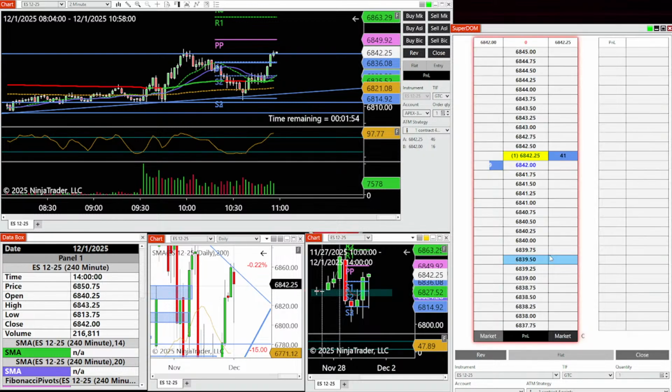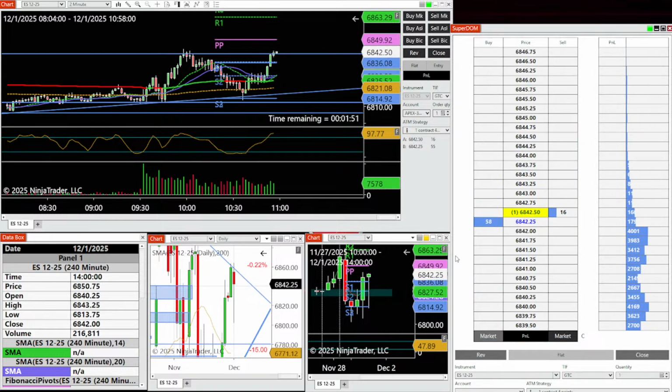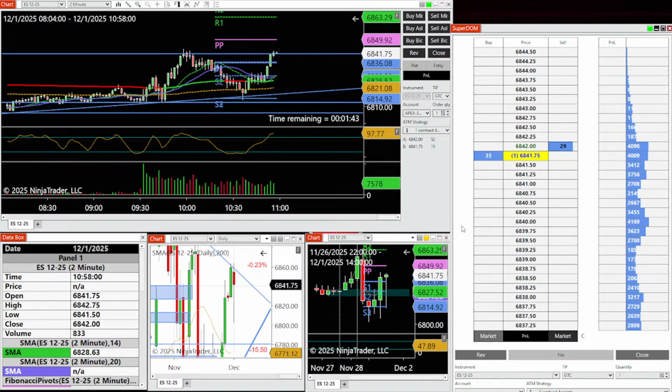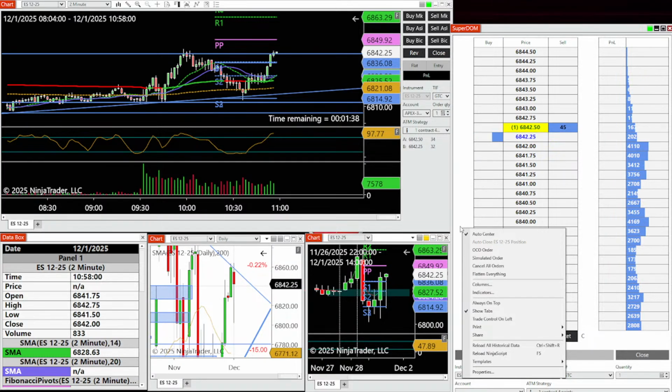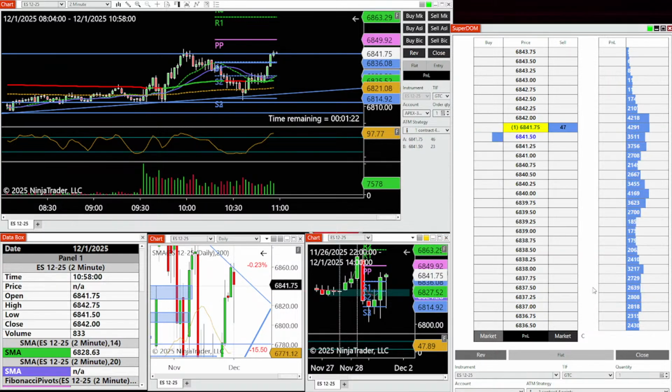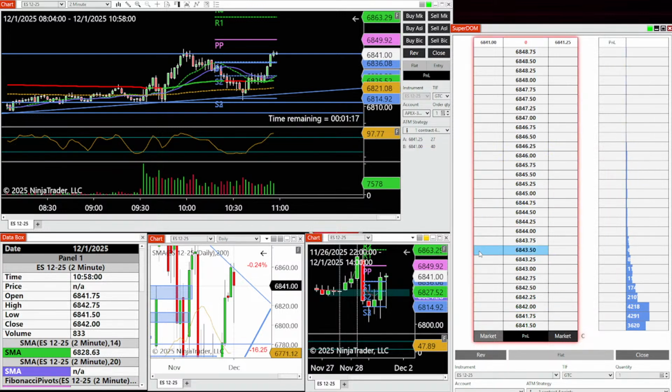This is my template too, but it's missing some stuff on here, like the pivots. See, prior day pivots, it should be on there, but I don't see why. It should be showing, but it's not.